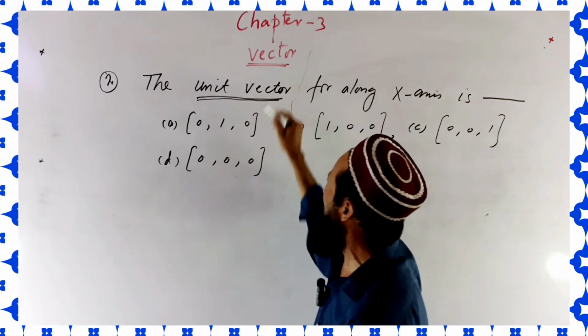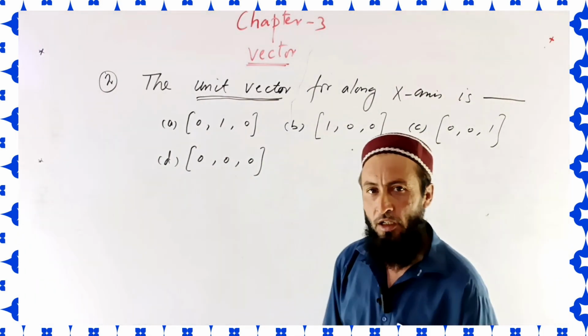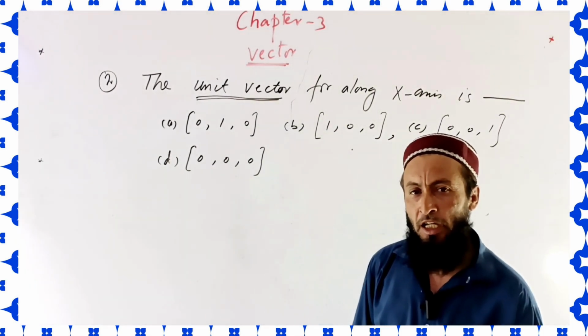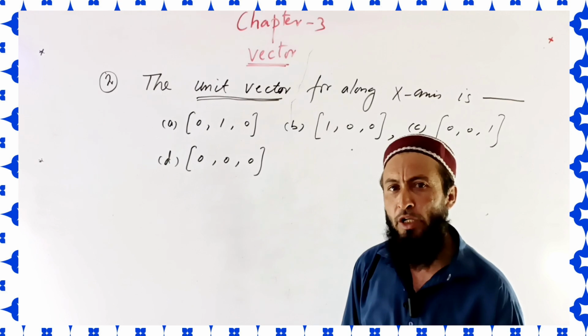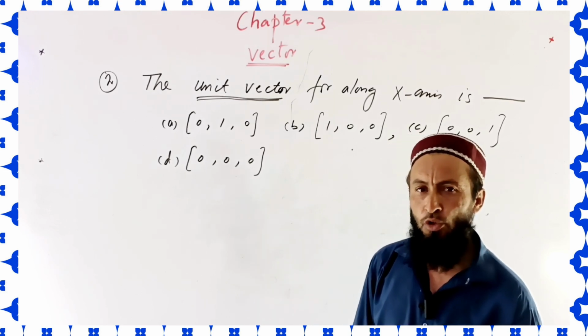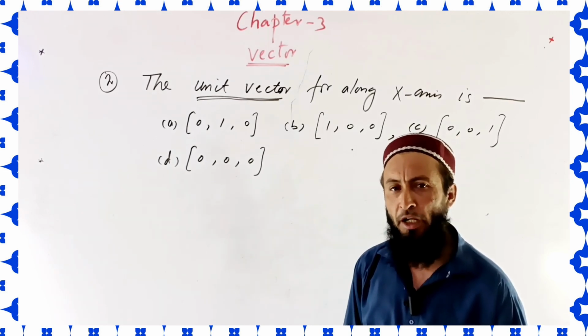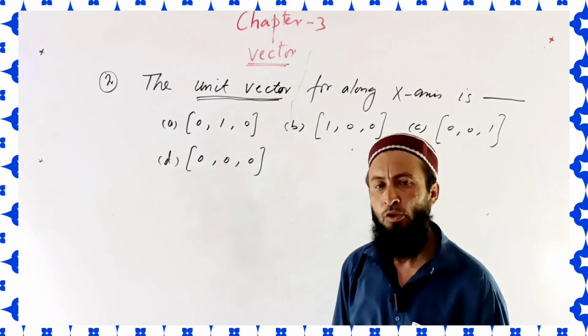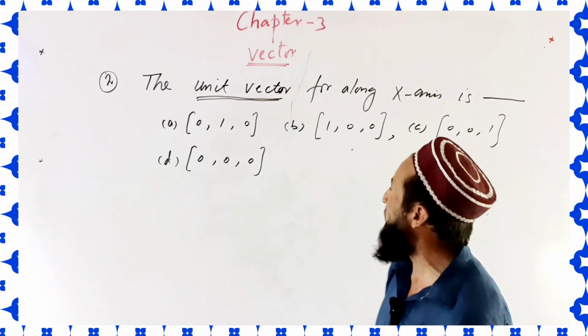First of all, we define what a unit vector is. A unit vector has a magnitude of only one. For this type of vector, if we take the magnitude, the result will be equal to 1. So it is called a unit vector.